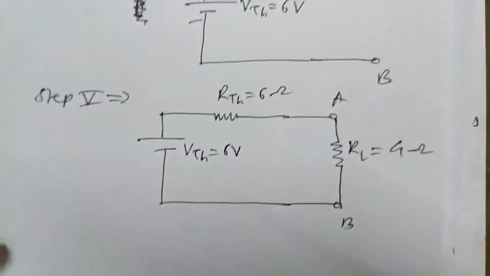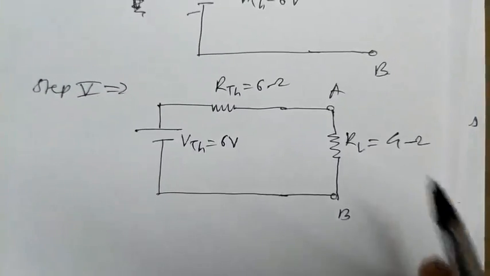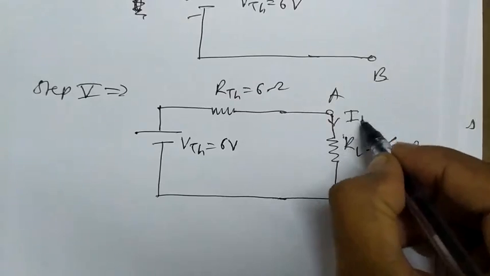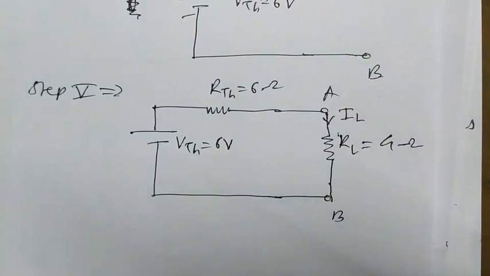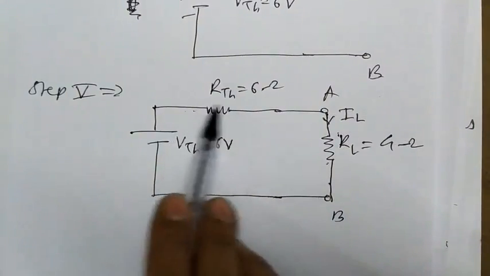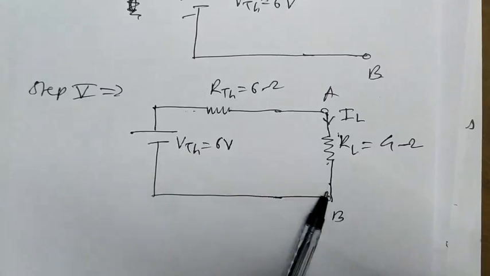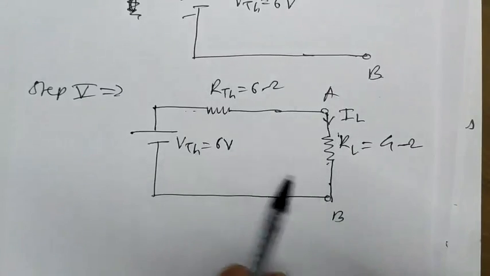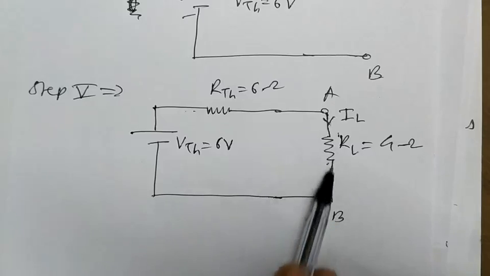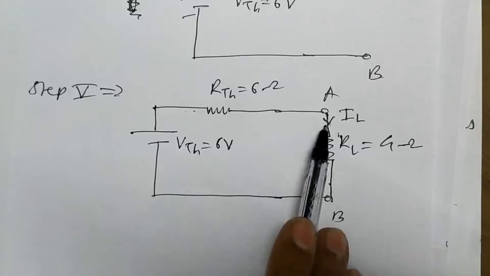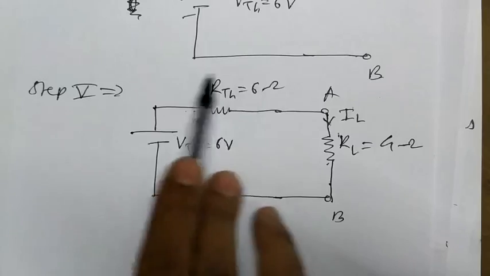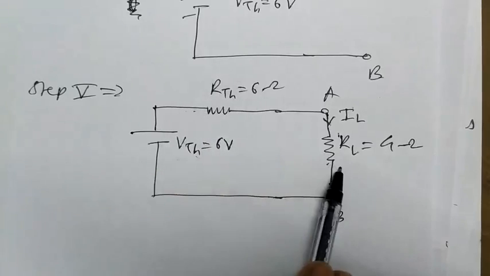Now we have to calculate the load current flowing through this load resistance RL, that is IL. The current that flows through RL we call IL, the load current. Now RTH and RL are in series with each other, so the equivalent resistance will be just the addition of these two resistances. Therefore the current is I equal to V upon R, where R is the total resistance of these two resistances.